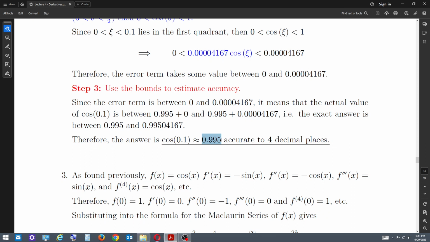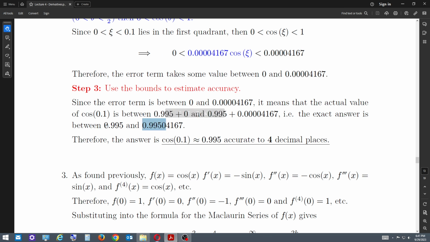But when you're stating the degree of accuracy, because we know it's 0.9950, our answer is going to be accurate to 4 decimal places, right? Not 3 decimal places. It's not just 3 decimal places, it's accurate to 4 decimal places.